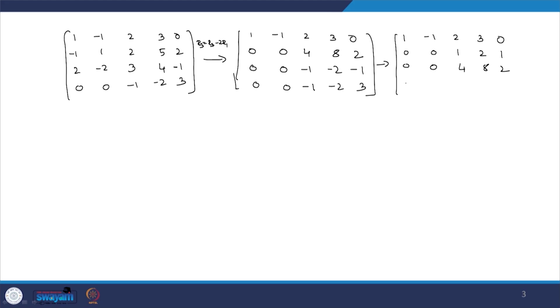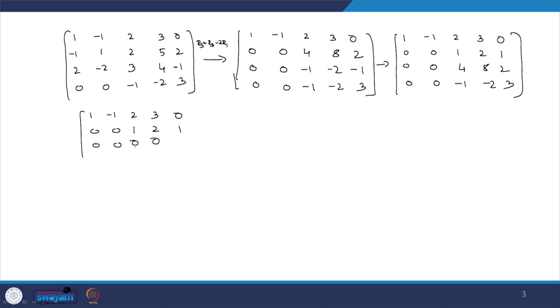Then 0, 0, minus 1, minus 2. One more step: it will be 1, minus 1, 2, 3, 0, 0, 0, 1, 2, 1, and multiplying this by 4 and subtracting, it will be 0, 0, 0, and this will also be 0.